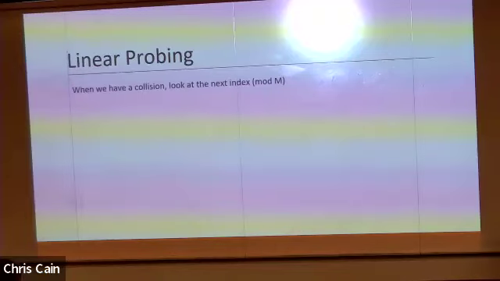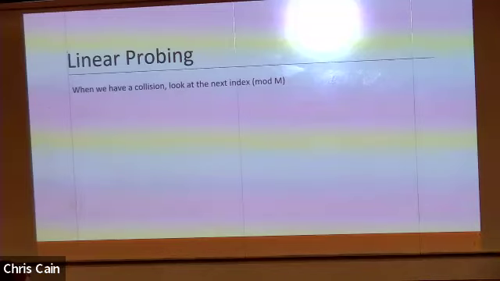So we're going to look at the other solution that doesn't involve making each index the head of a linked list. Linear probing is a way to just store the array as a series of the objects that we're trying to store, without it being itself another object, a linked list.